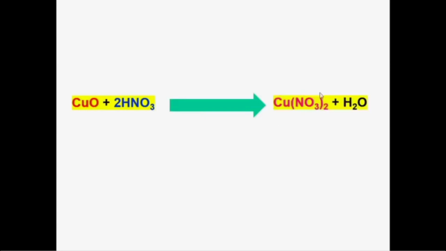Please keep in mind, in any chemical reaction, for example this reaction that we are discussing now, suppose copper(II) oxide reacts with 2 moles of nitric acid, we should get copper(II) nitrate and water. However, in the actual reaction, sometimes a chemical reaction like this produces side products.